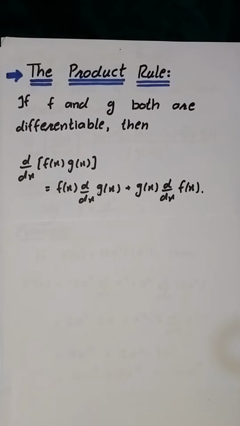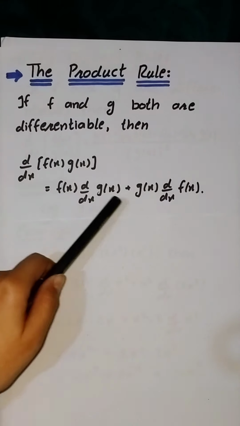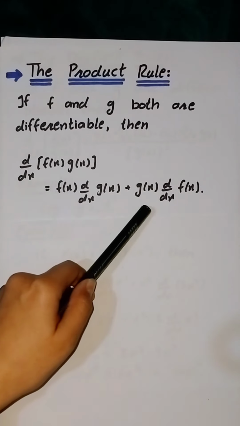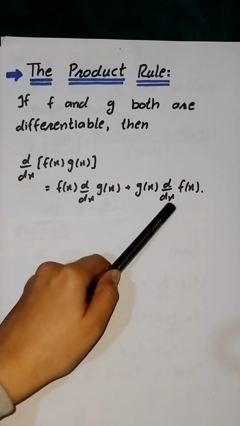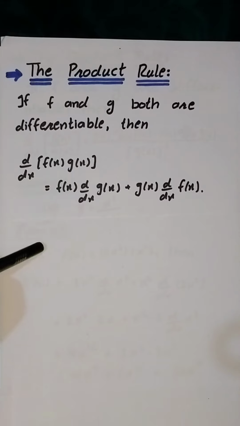In words, the derivative of a product of two functions is the first function times the derivative of the second function plus the second function times the derivative of the first function.